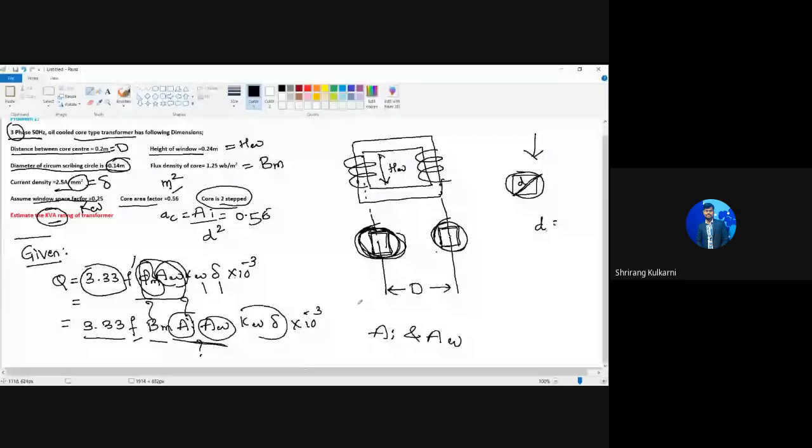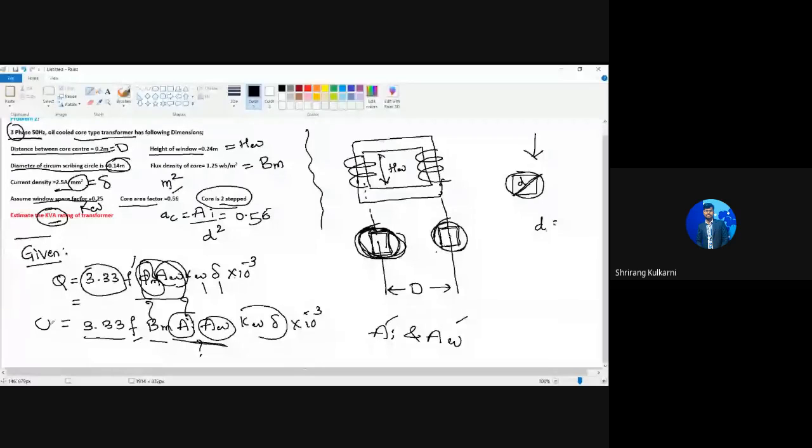So first we have to calculate AI and AW for the calculation of the KVA rating. From all these given data, first we have to calculate the AI and AW, then we can calculate the Q value. Getting this one?